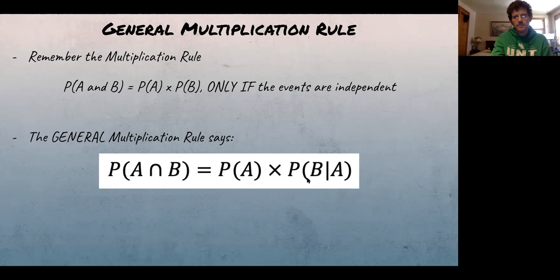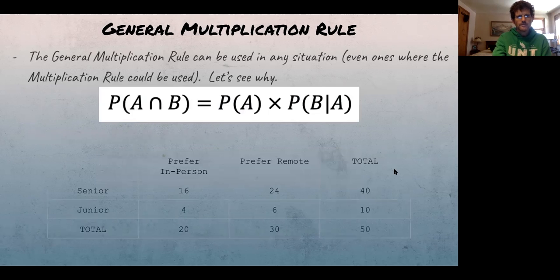Probability of A times the probability of B given A is the general multiplication rule. So we can use the general multiplication rule anytime, even the ones where the multiplication rule is acceptable. And we can see why right here.